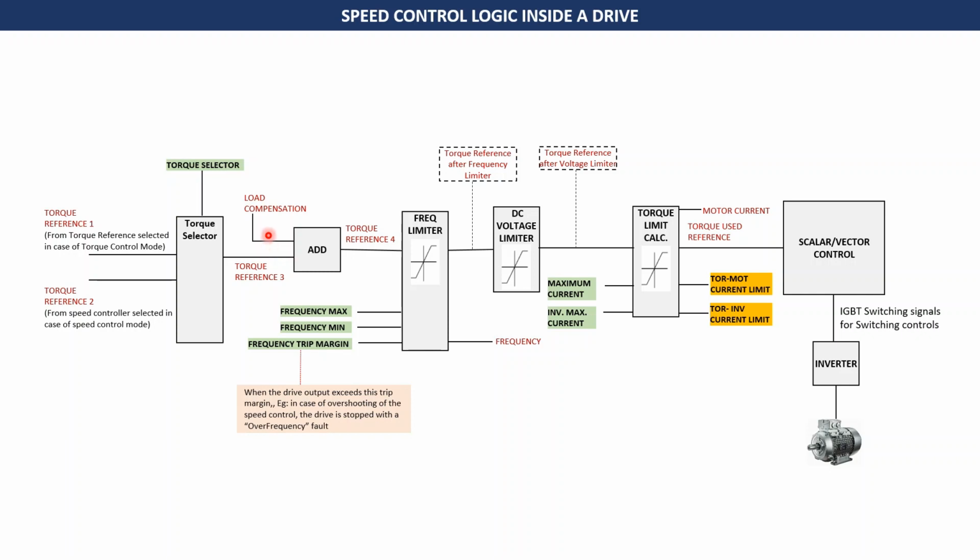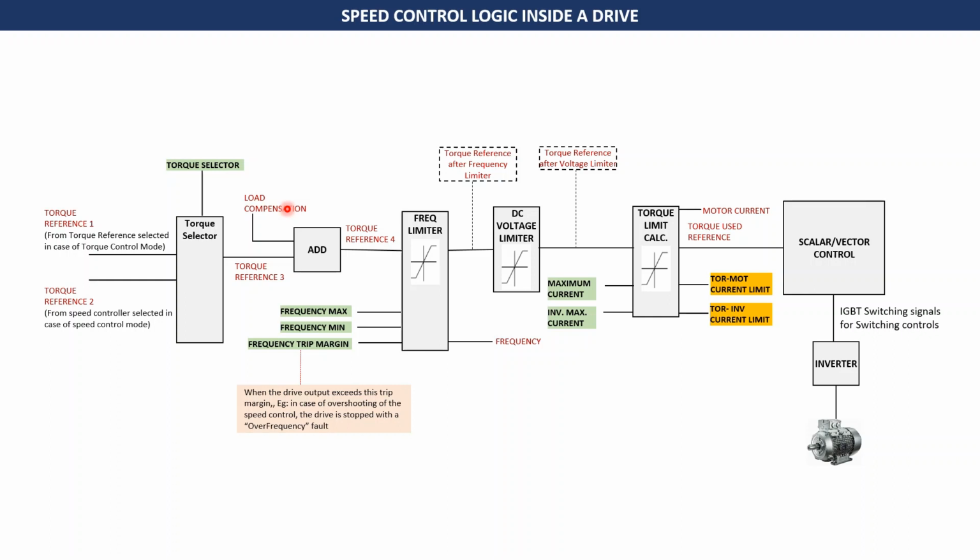And then in case of ABB drives, you have a parameter called load compensation. There is an addition block. The torque reference gets added to the load compensation and gets passed on as a final torque reference, which is torque reference 4. Now, why is this load compensation used?